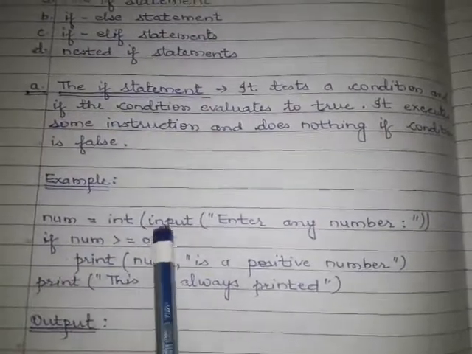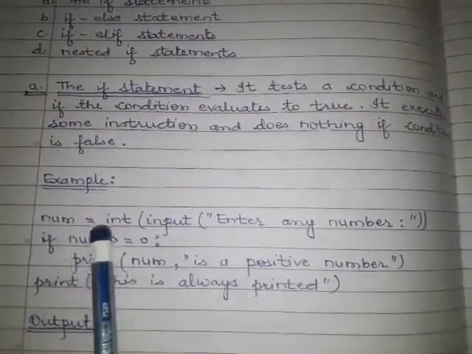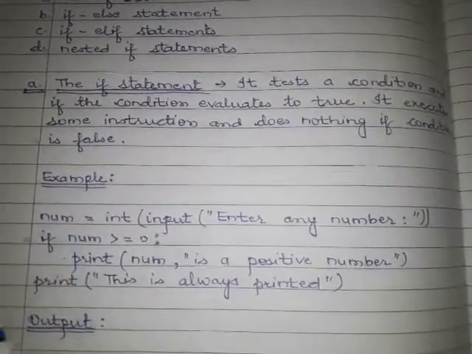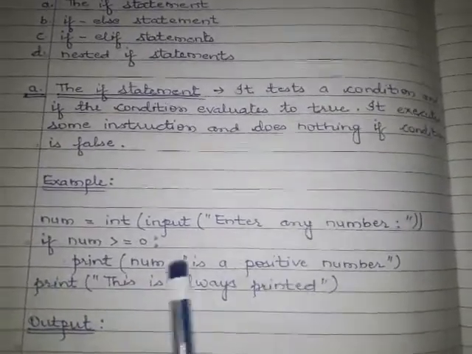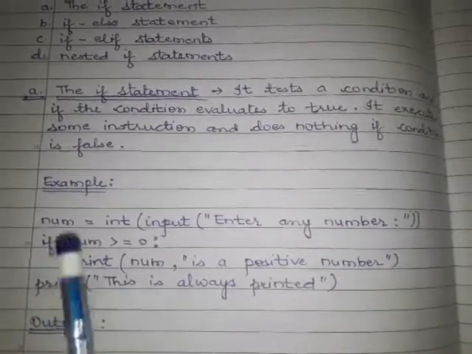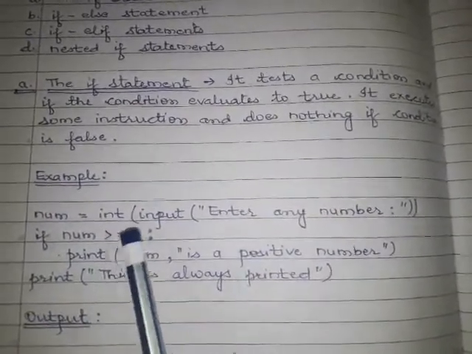If this is false, then the statements outside the if block are executed. This print statement is outside the block. This statement is always executed because it is after the if block. So let us see what this is.